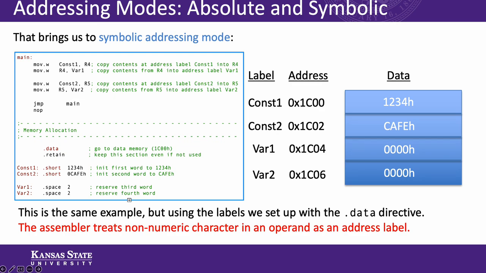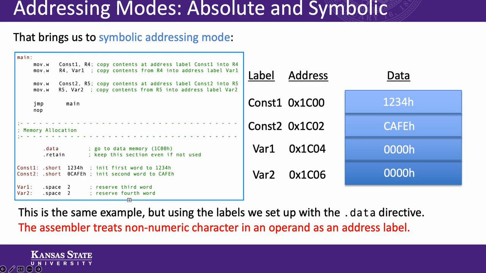And similarly, in the next pair of instructions, I've replaced the absolute address with my labels. When you do that, that's called symbolic mode addressing, right?